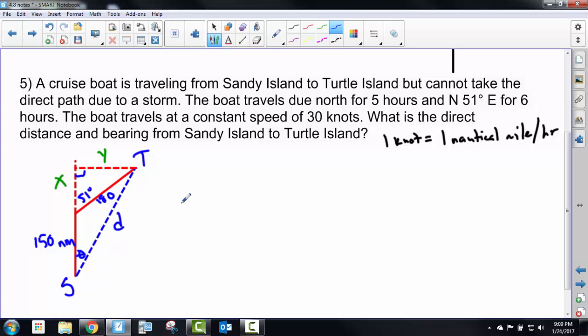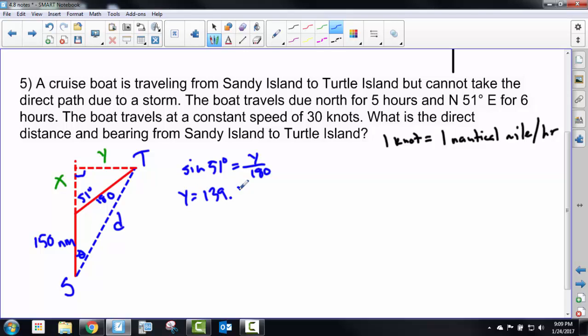So here we go. I think what I would start with is by saying that the sine of 51 degrees is equal to opposite, which is Y, over 180 nautical miles. And so pretty quickly, just by multiplying by 180, we can see that Y is about 139.